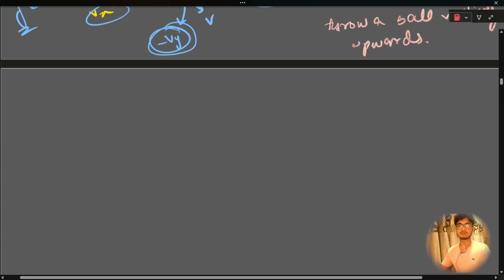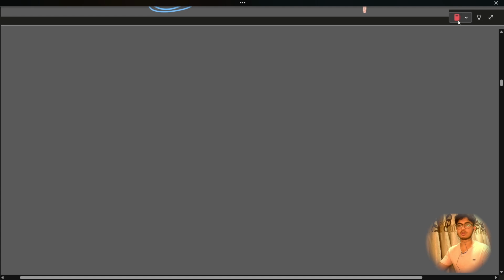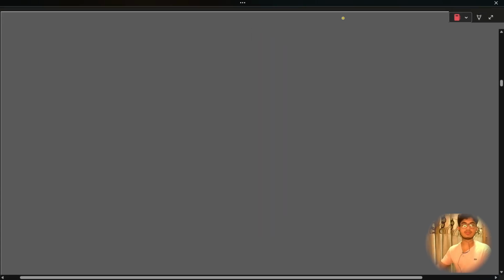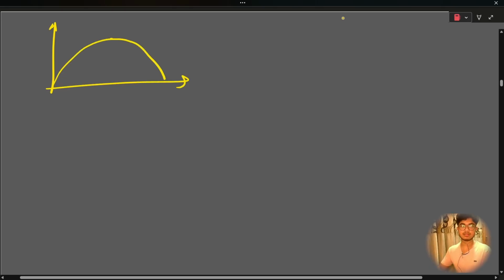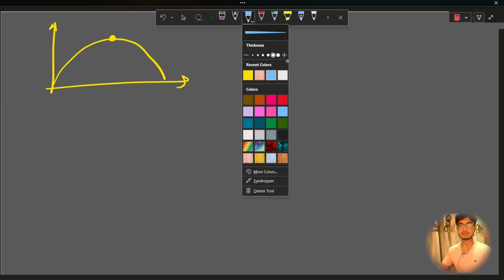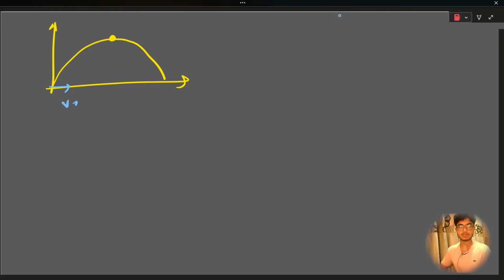Another one, which we've already discussed, is that the vertical velocity decreases, decreases, decreases, and at the maximum height the vertical velocity becomes 0.